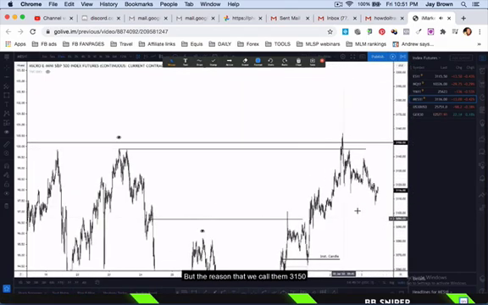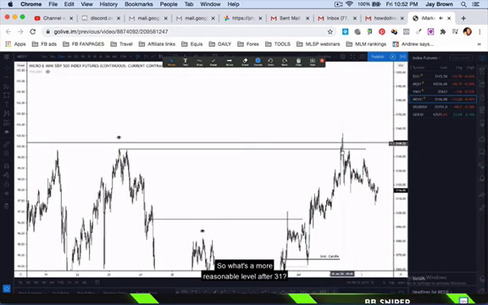The reason we called 3150, and that's why I said, even though it did push past it a little bit by 7 points, that's fine, is because it's above equal highs and it's a rounded number. 3,100, the next whole number is 3,200. Now that's way up here. I'm not going to expect the market to go all the way to 3,200 this week. Maybe this month, and maybe for the month of July, but not for this week.